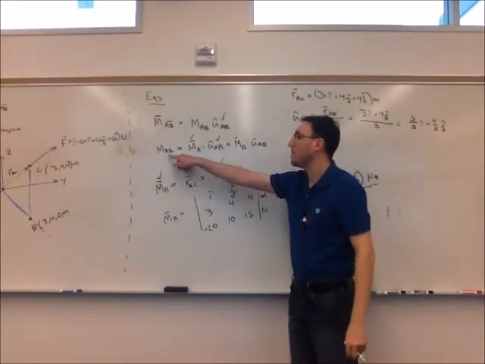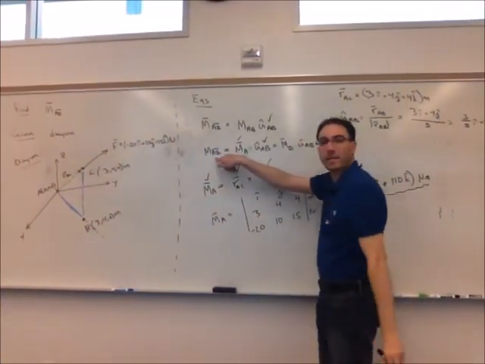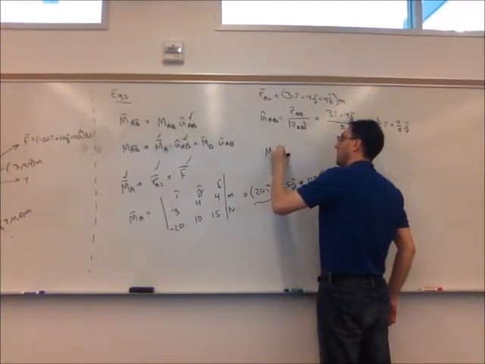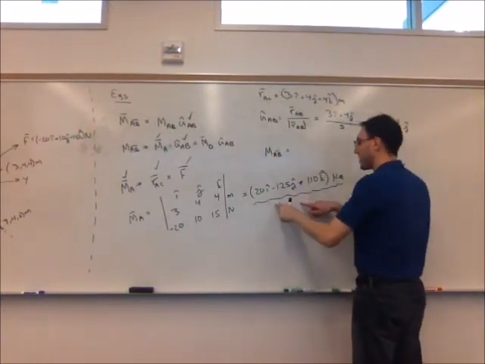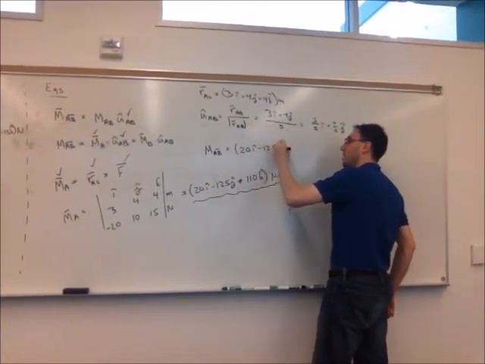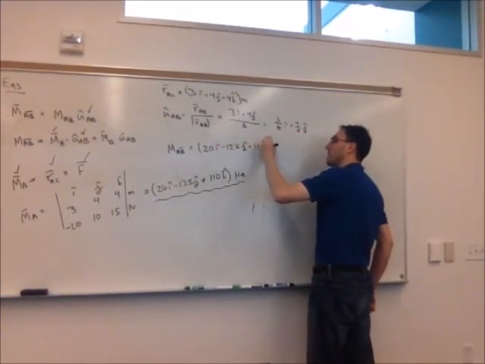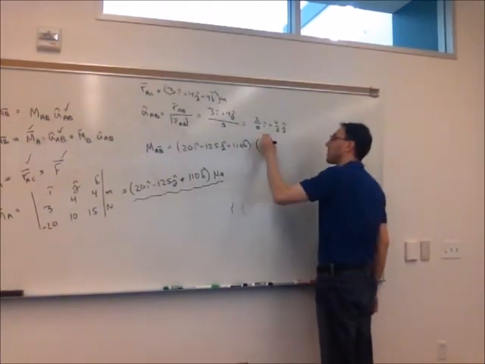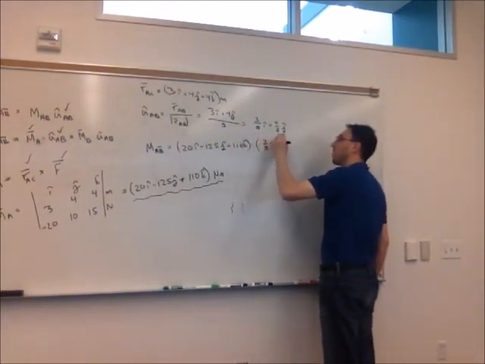Now we can calculate the magnitude of the moment around axis AB. We're going to take this quantity that we found earlier, 20i minus 125j plus 110k, and dot that with u hat AB, which we just found, 3/5 i plus 4/5 j.